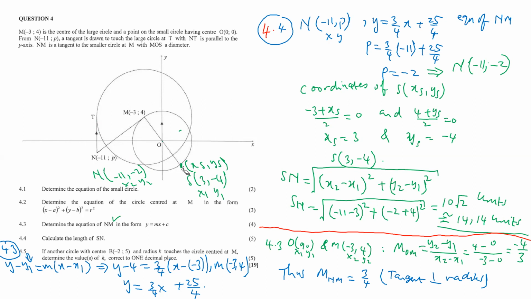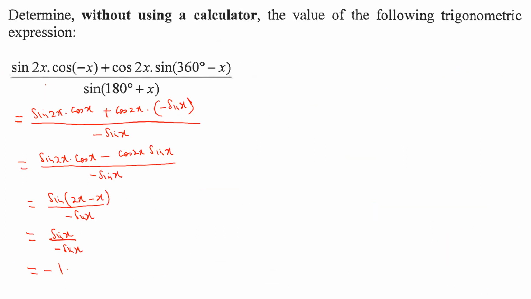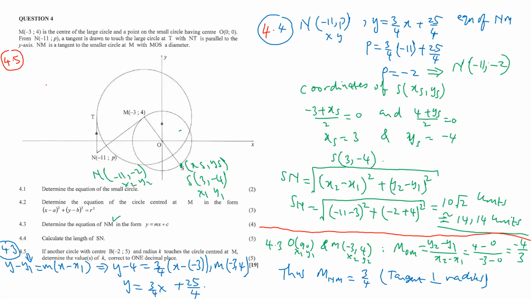Right, to do 4.5, there are a couple of things you need to consider. 4.5, you can even try to squeeze it here. If another circle with center B, and B has the coordinates -2, 5.